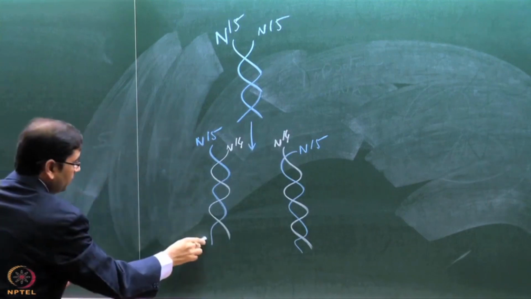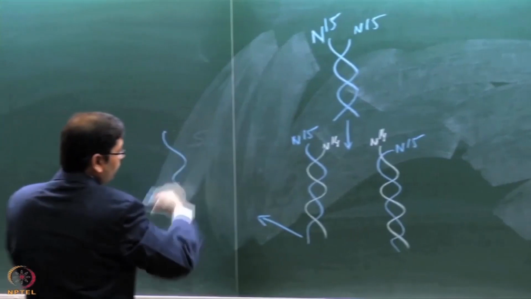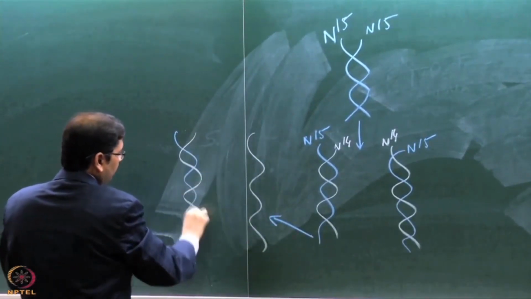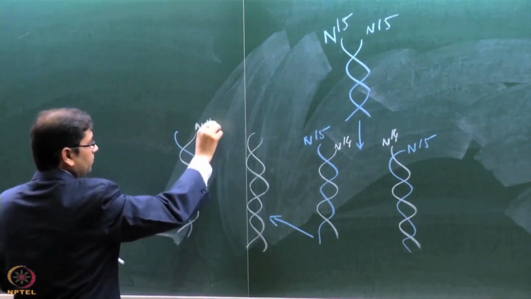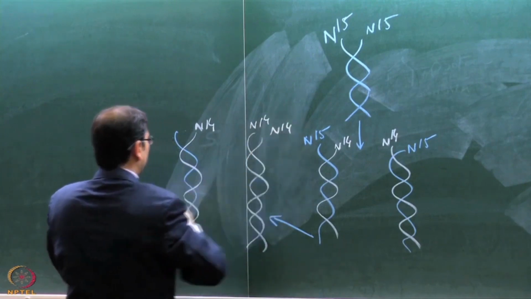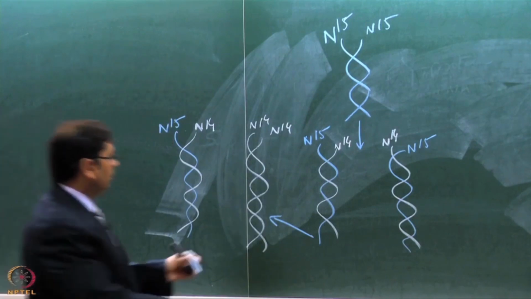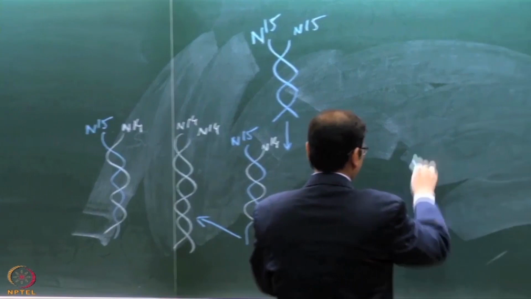Now from this one, we have one of the blue ones and one of the white. And from this again, the same will happen here as well, right? From this part.